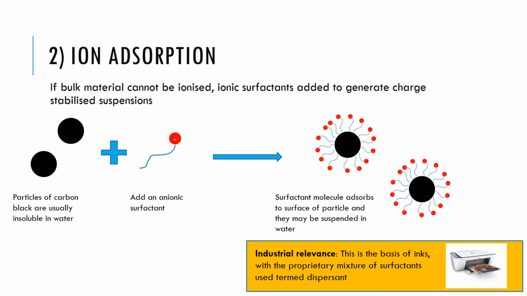But we can add a small molecule to these particles called surfactants. And I just want to briefly look at the generic structure of a surfactant. So you can see that I draw a generic structure of a surfactant. It's a red ball with a blue tail. The blue tail represents normally a straight carbon chain.